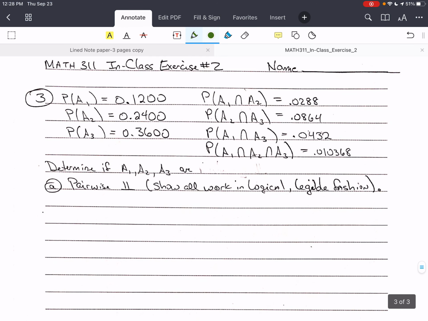Now, finally, for problem number 3, we're given these different probabilities, and we're asked to determine if A1, A2, and A3 are, first, pairwise independent.